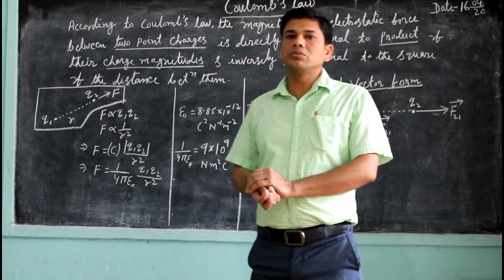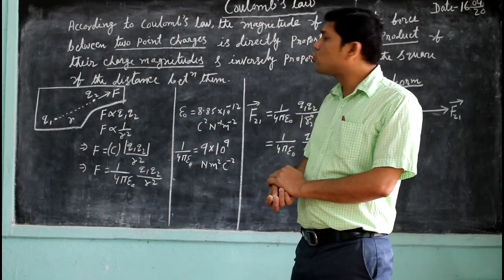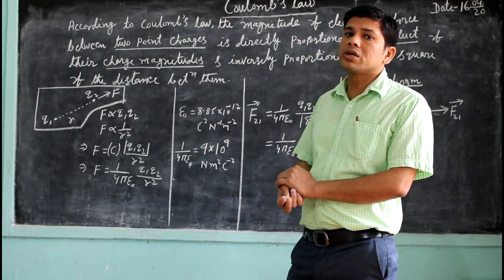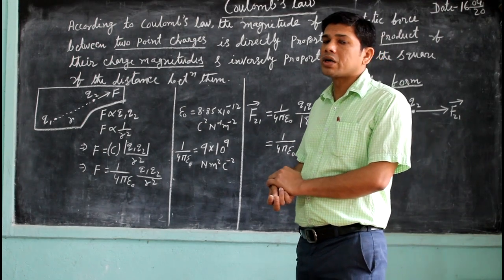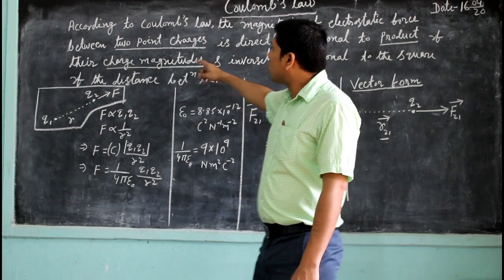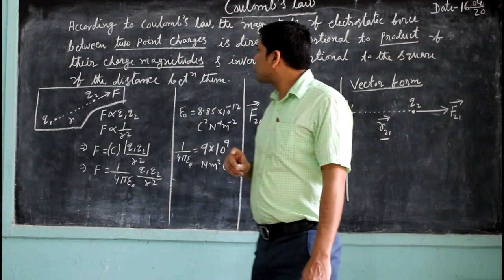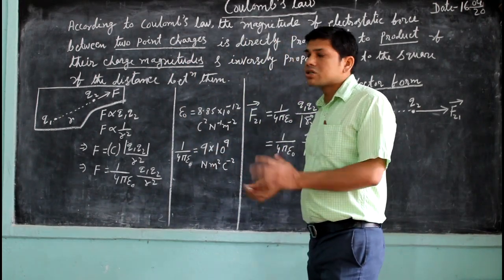Here you have to remember that this law is valid for two point charges only, and the point charges should be in stationary condition. Here I have underlined some words. Two point charges: this law is valid for two point charges, not charge distribution.